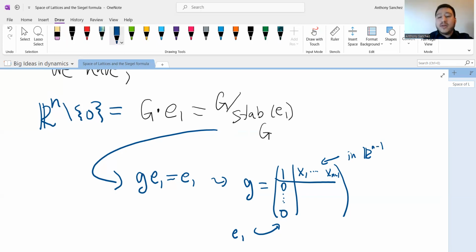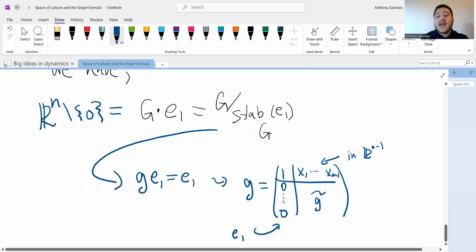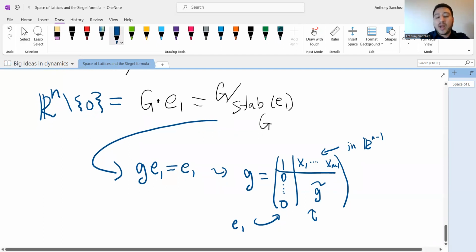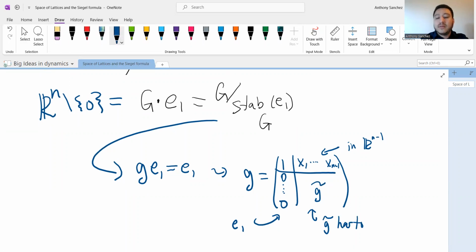And now what could be down here? Well, similarly, this could be anything that I want it to be, so long as I recall that g itself has determinant 1. So whatever I put in here, I have to make sure it gives me determinant 1. And so this restricts what g prime can be a little bit. g prime has to have determinant equal to 1.